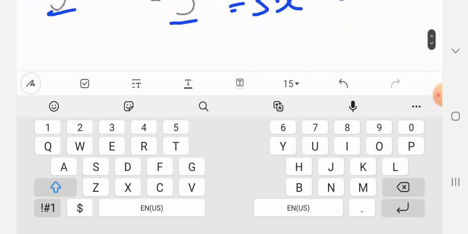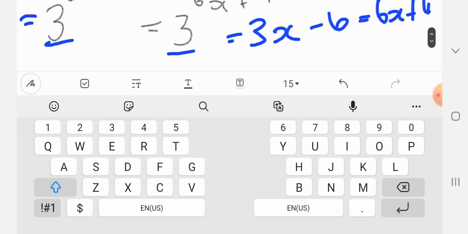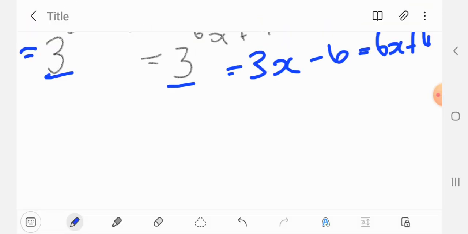So I'll just write it here. Yeah, let's show it a bit like that. So it's 3x minus 6 equals 6x plus 4.